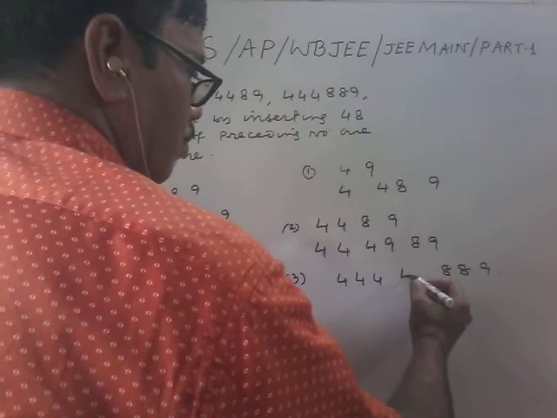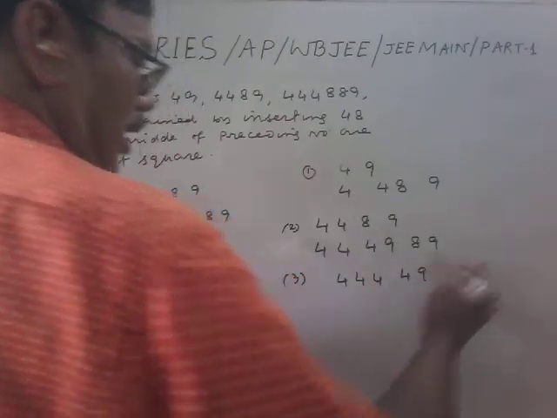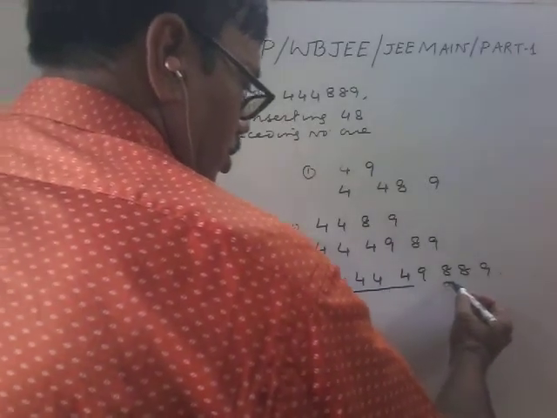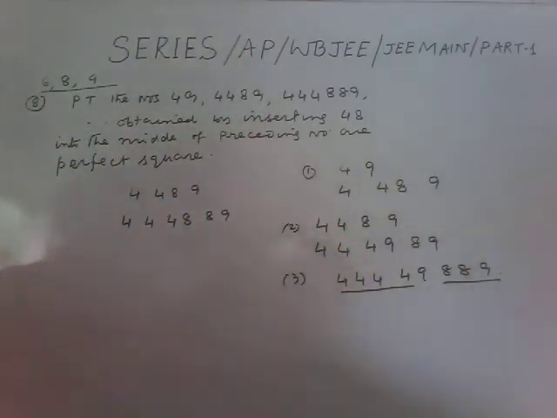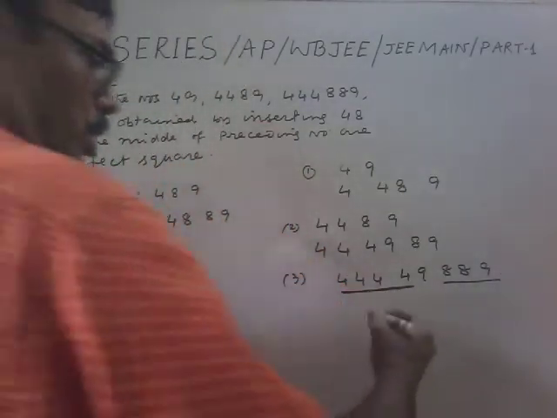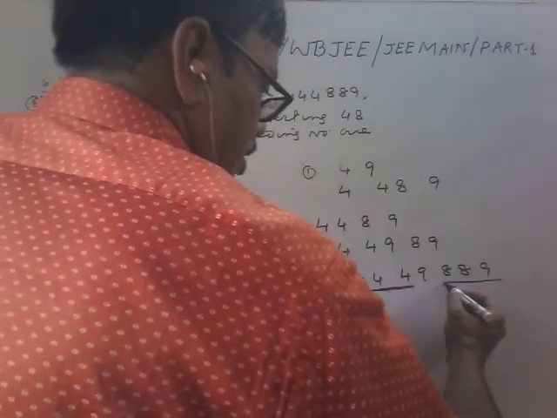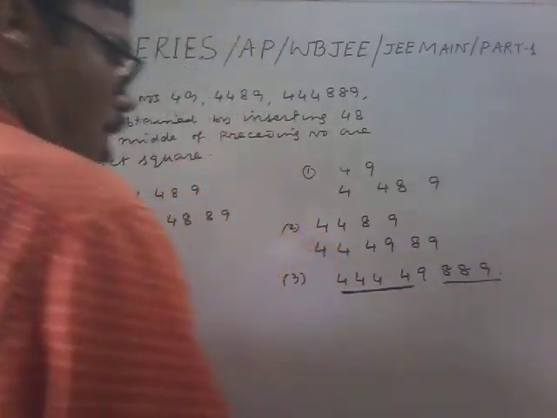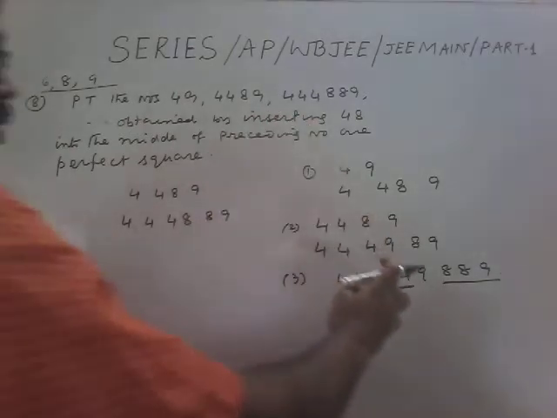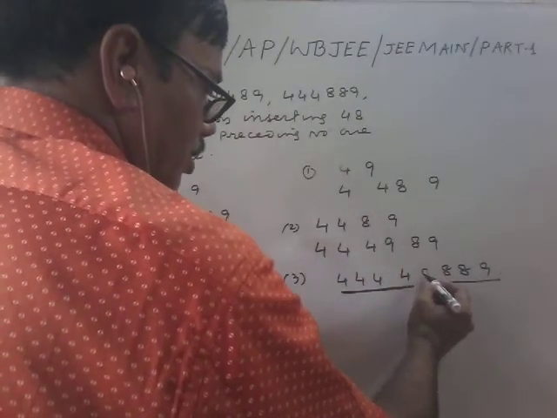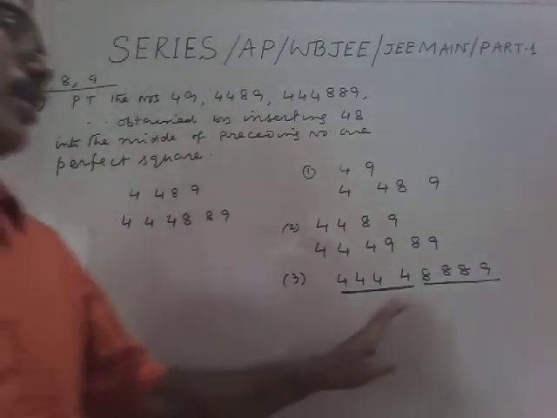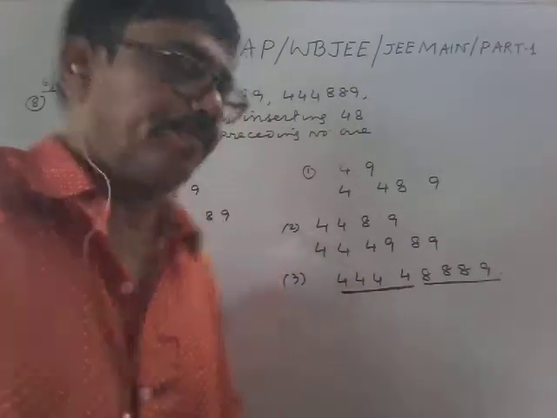So add 48. So we are getting this. If it is 3, then how many 4s? 4, and this is by inserting 48, so 3 8s, and at the last this is 9.